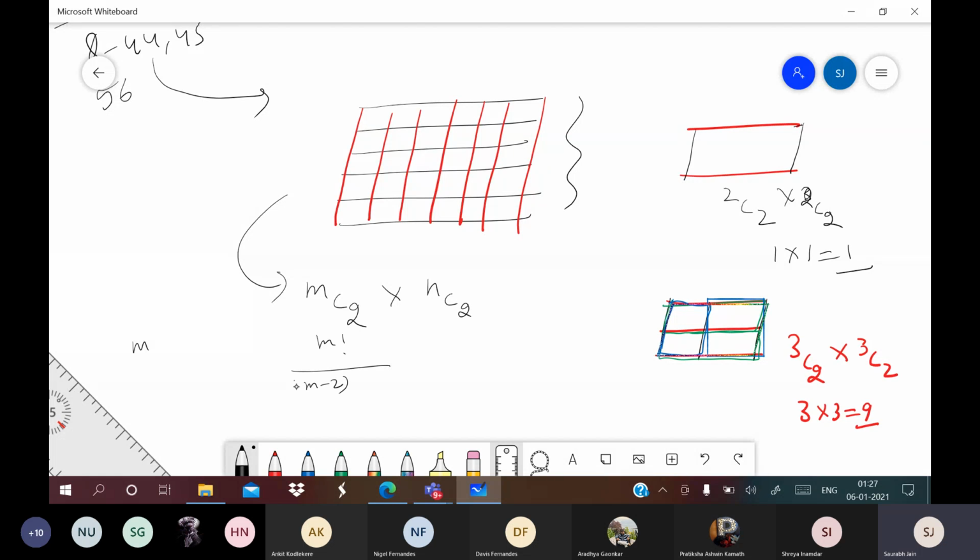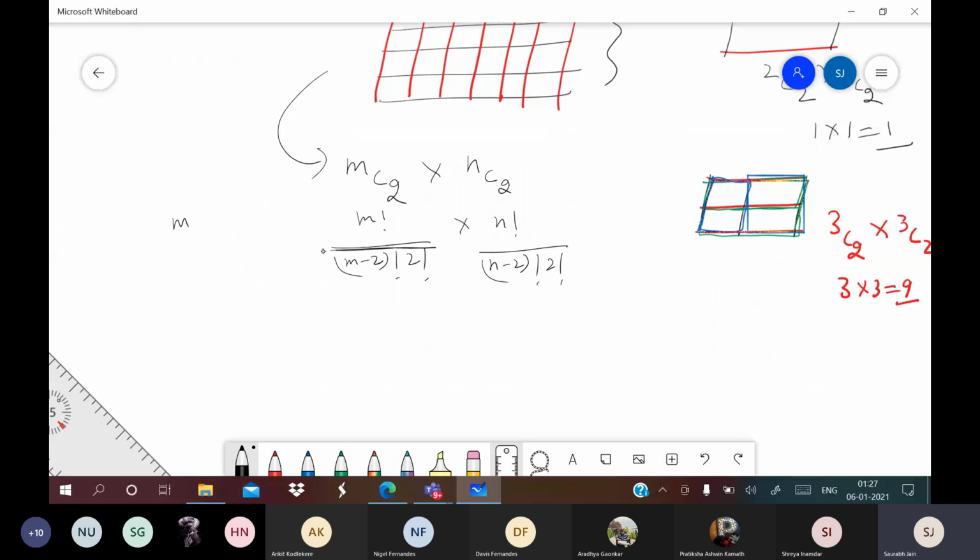m factorial upon m minus 2 factorial into 2 factorial, into n factorial upon n minus 2 factorial into 2 factorial. When you simplify this, you can write it as m into m minus 1, and m minus 2 factorial will be cancelled. It will be 2 here.